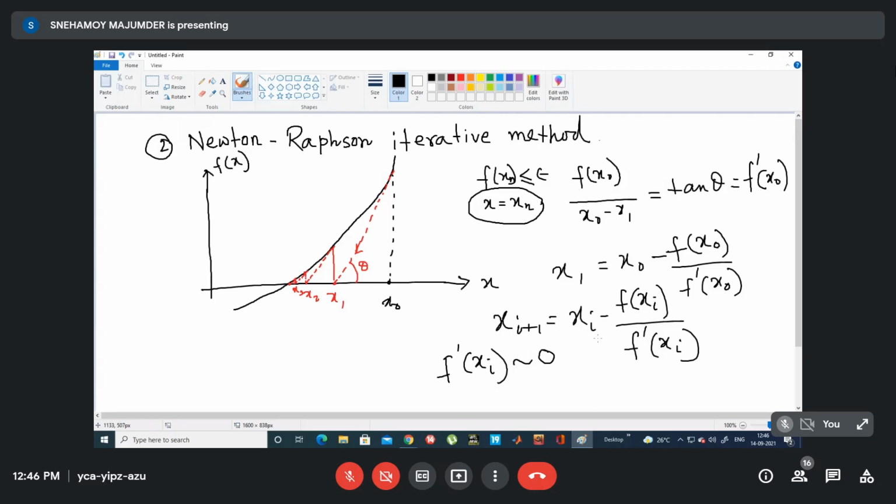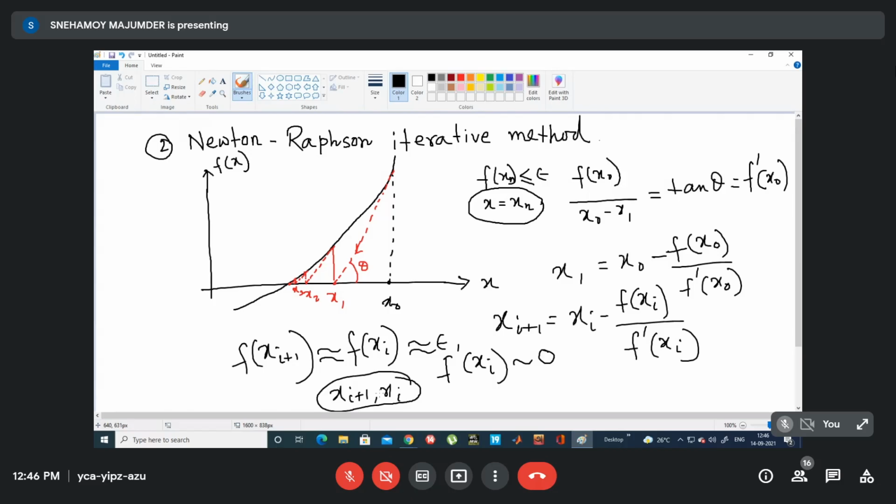Then in this way I will go on finding x(i+1) until f(x(i+1)) is almost equal to f(xi), almost equal to the pre-assigned value, then x(i+1) or xi, whatever it may be, is my solution.